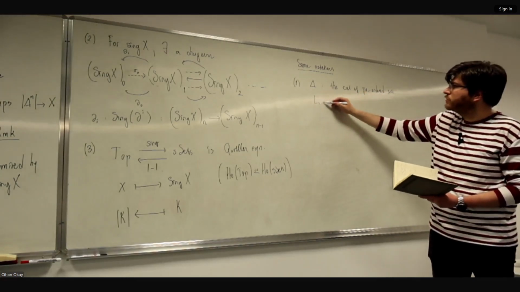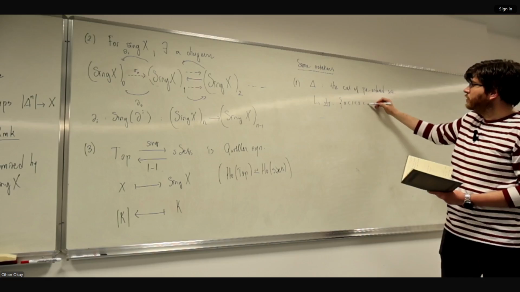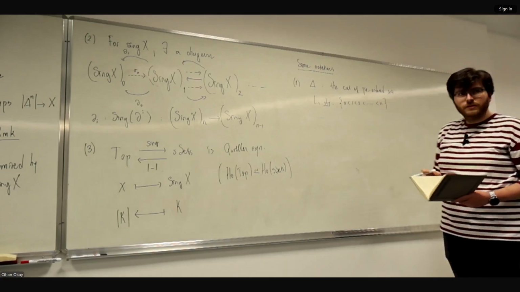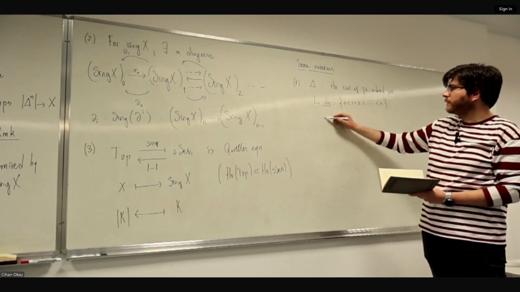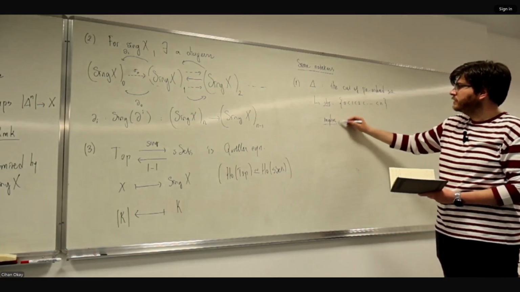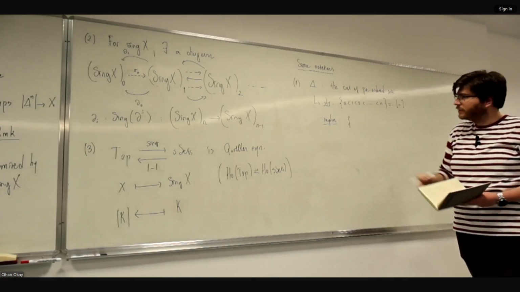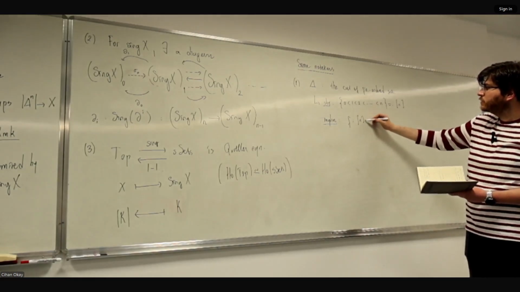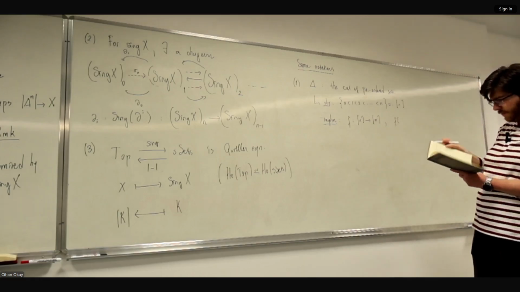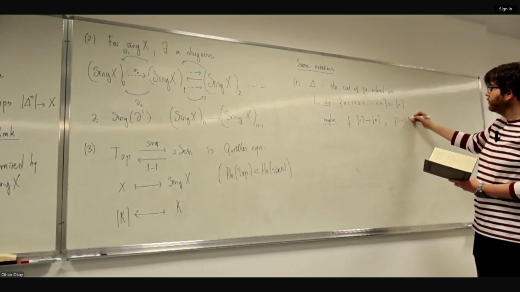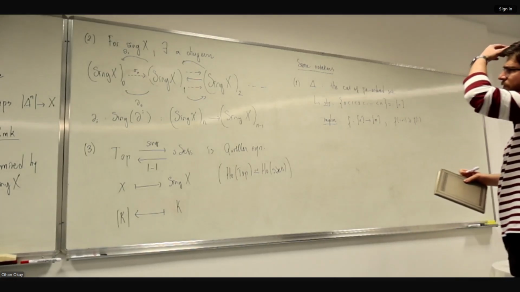So your objects are like this, with an order. This is a typical object in that category, and the morphisms are non-decreasing maps. In general, we use this notation. I'm just reminding you. So you also have maps like this, which satisfy this property. Non-decreasing maps.